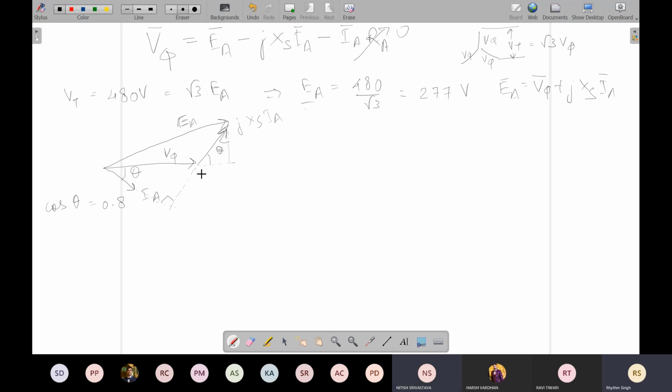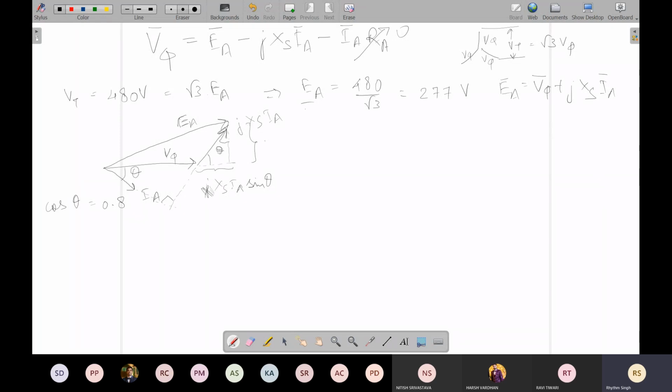Now this particular quantity here is jXs IA, this is theta, and this is a right angle triangle. So this is nothing but Xs IA sin theta. And this vertical quantity is Xs IA cos theta. There is no need to write j here, because jXs IA is this vector and these are the components of that vector.